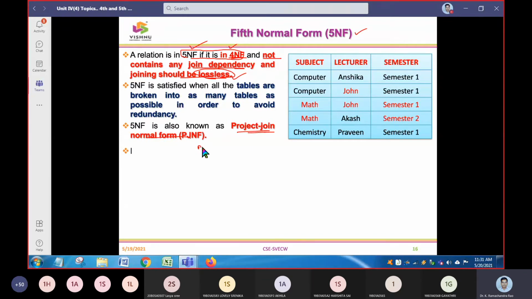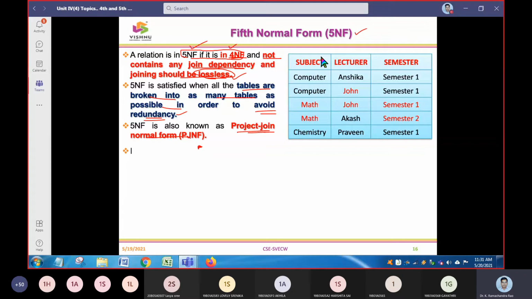In this case, the tables are decomposed as small as possible, and the primary intention is the elimination of redundancy: redundancy, insert anomaly, update anomaly, and delete anomaly. These three should not be there, so for that we need to avoid redundancy.